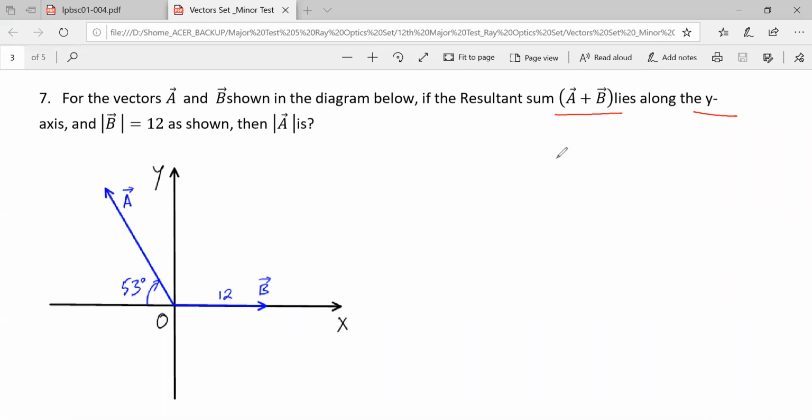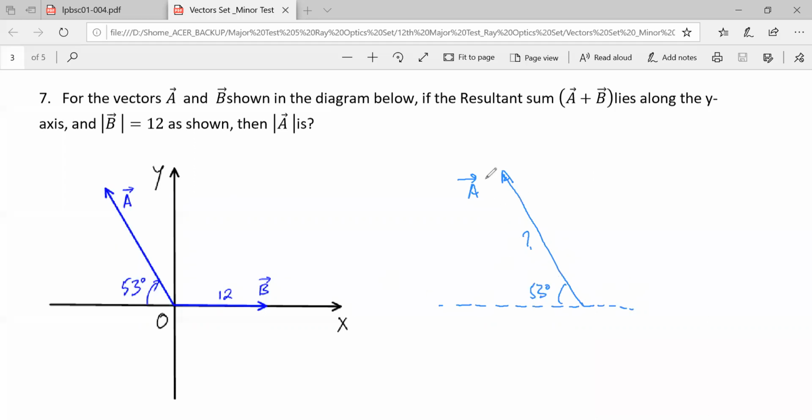My vector E is like this, let's say. Its magnitude is unknown, but I know that this angle is 53 degrees.